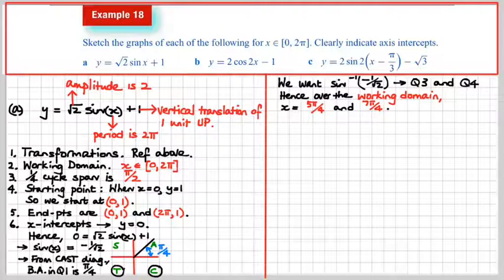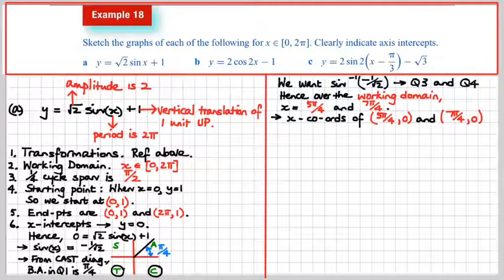Over the working domain, which is from 0 to 2 pi, we want one in there, which will be 5 pi over 4, sorry, and one in there, 7 pi over 4, right? They are the two x-intercepts, guys. So the x-coordinates of the intercepts are 5 pi on 4 and 0, and 7 pi on 4 and 0. Well, that's great. We've got that sorted out now.